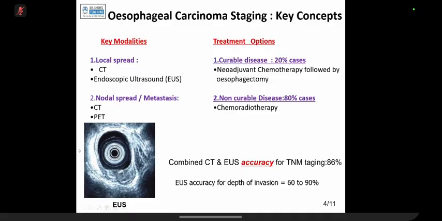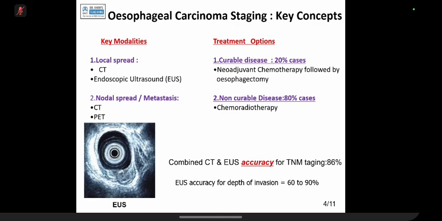You cannot operate. But all cases of esophageal carcinoma in NHS also get a PET CT because there is a concept of non-regional nodal metastasis. So consider upper esophagus, middle esophagus, lower esophagus. Now, if the tumor is in the lower esophagus and you have got an abnormal node in the upper esophagus, this is counted as metastasis.